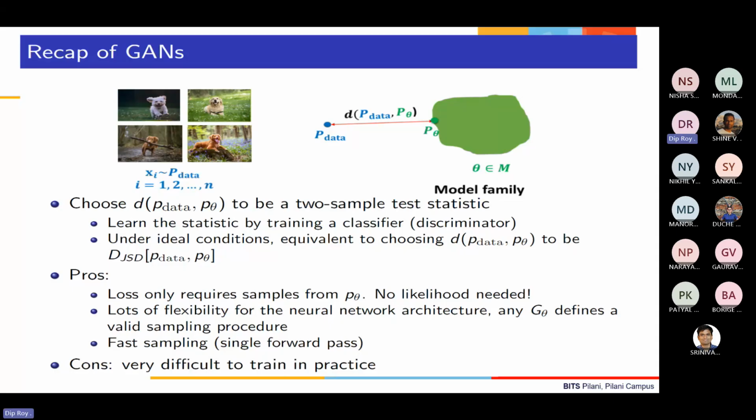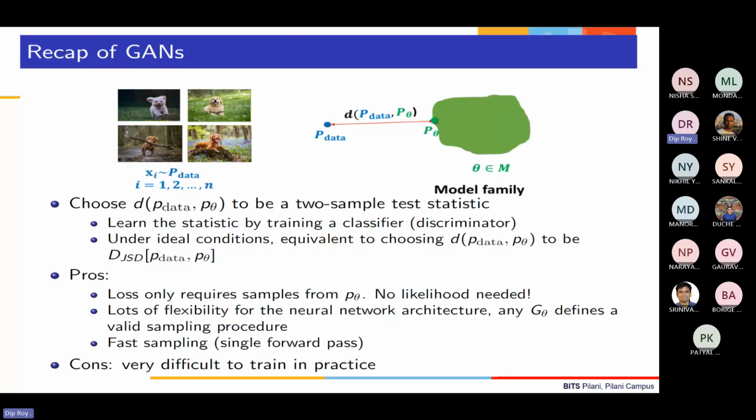And theoretically, it has been proven that if and only if P of data is equal to P of theta, that is, it exactly matches your true distribution, the data distribution matches your model distribution, then you will get the best sample quality out of the framework.